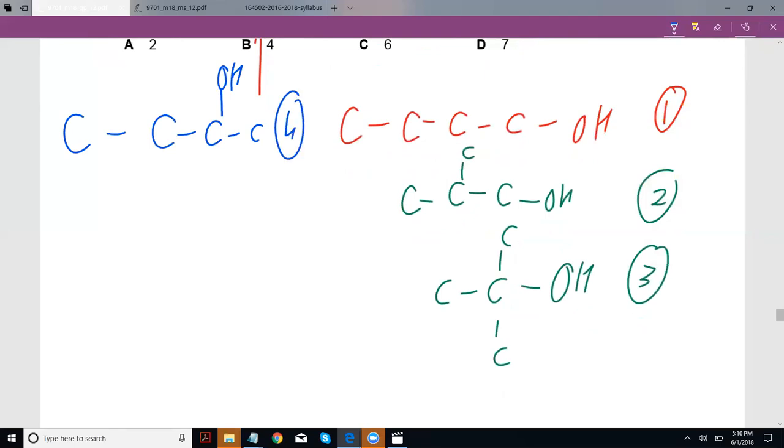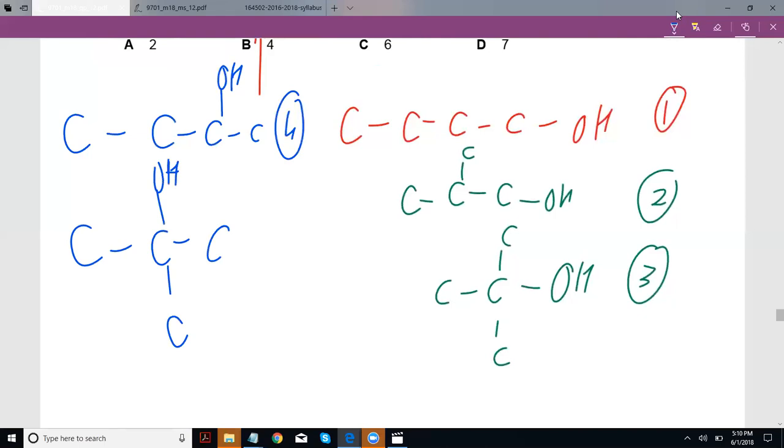And you have to be very careful here to ensure that nothing really overlaps. So for example, if I wanted to make something of this sort, if I had a C here and I want to draw an OH over here, I have to check to ensure that I haven't done that already.